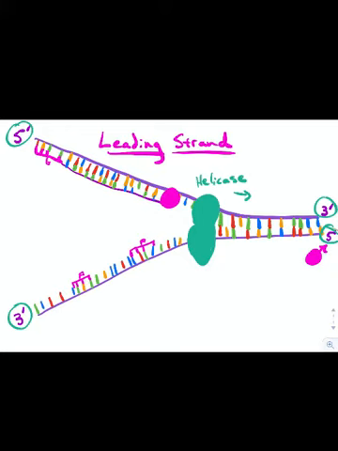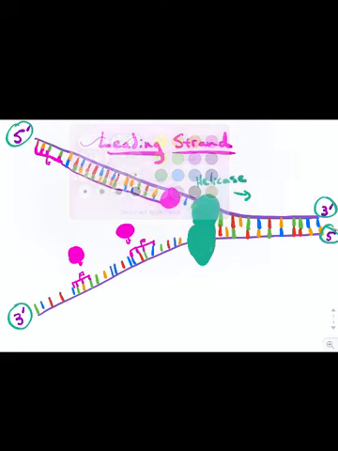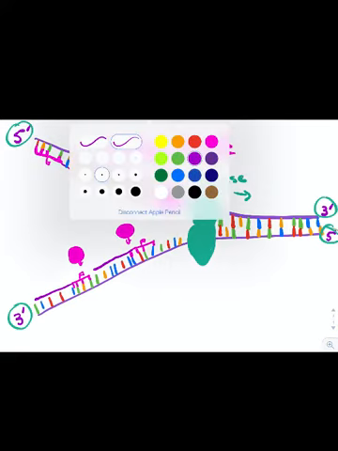So what it's actually going to do is come in and find our primers here, and it's going to do it in these short bursts. It's going to do it here as well, and it's going to go through and fill in as much as it can just in short bursts. So it'll lay this section down like this, and then it'll lay this section down like this, or vice versa.